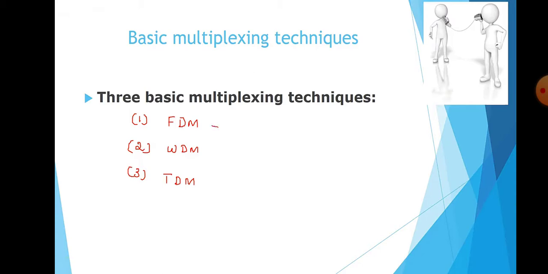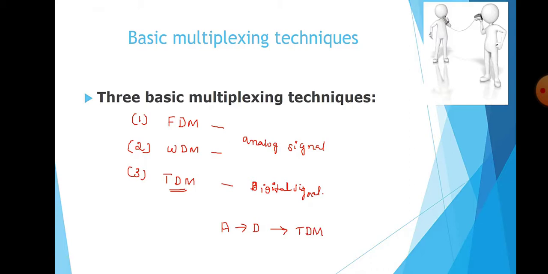So FDM and WDM can be used for analog signals, and TDM can be used if the given input signal is digital. That means, suppose you are having an analog signal and we have to use the TDM technique, then the analog signal needs to be converted into digital, and then we can make use of the TDM concept.